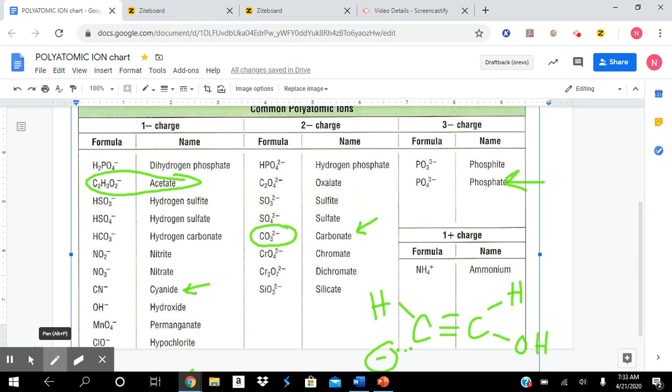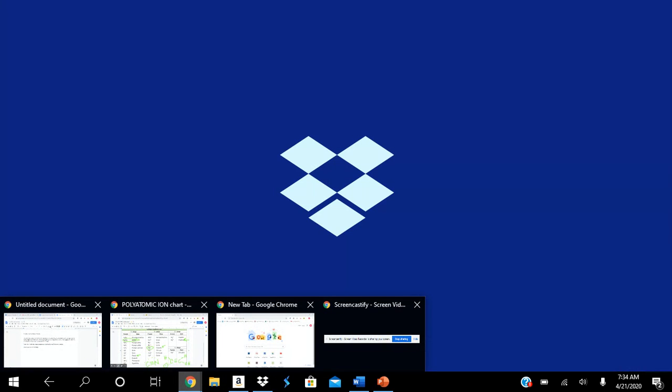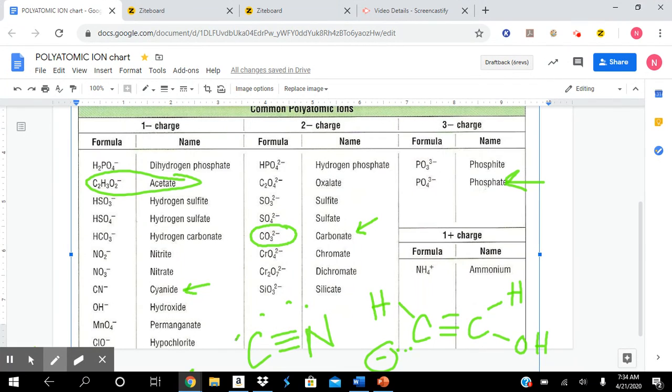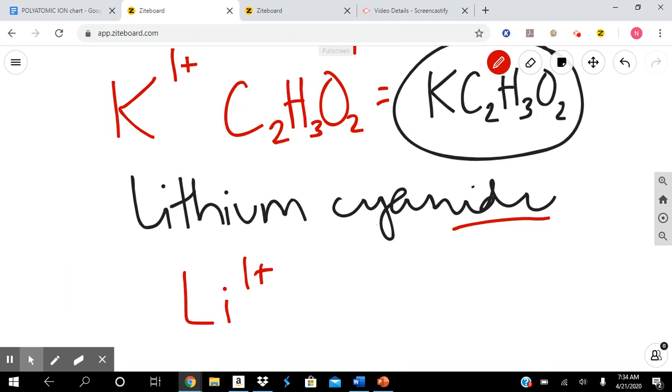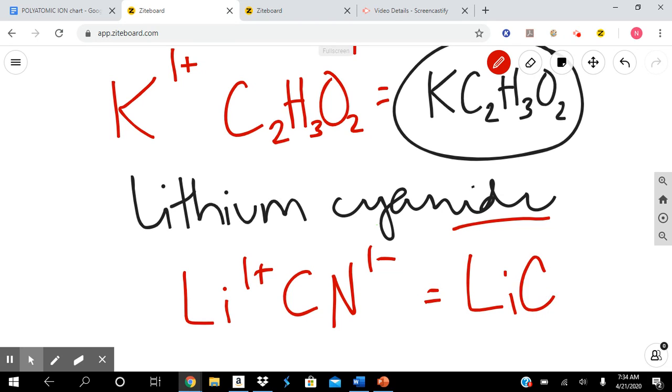And cyanide looks like this. It's a carbon that's triple bonded to a nitrogen. So this whole thing is cyanide. So it's CN with a 1 minus charge. All right, once again, our charges are the same. So I just drop the charges and I write the symbols.